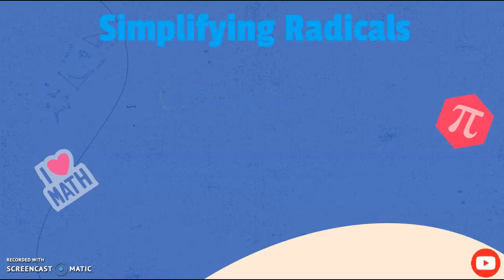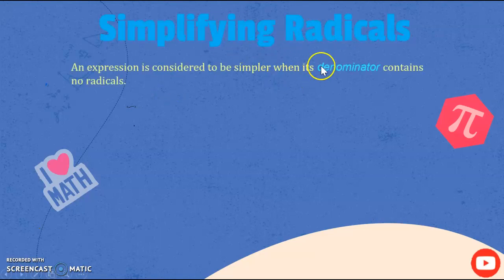It's in the simplest form when its denominator contains no radicals. Take note of that. If your denominator contains a radical symbol, then it's not yet in simpler form.